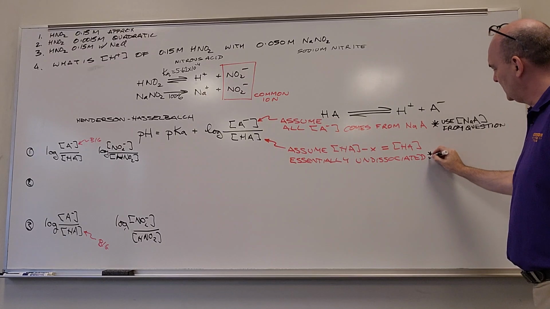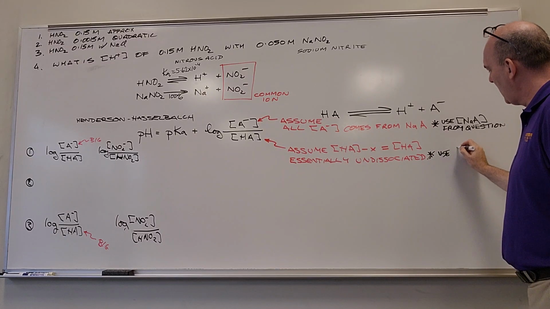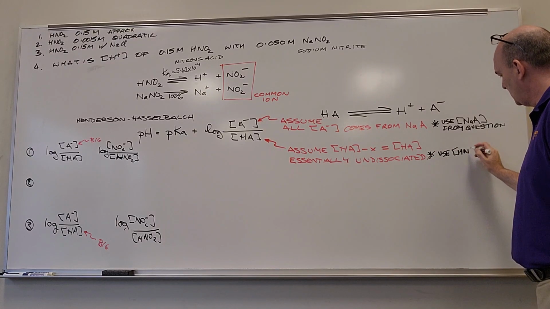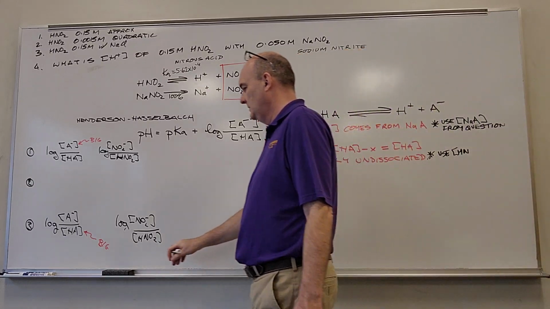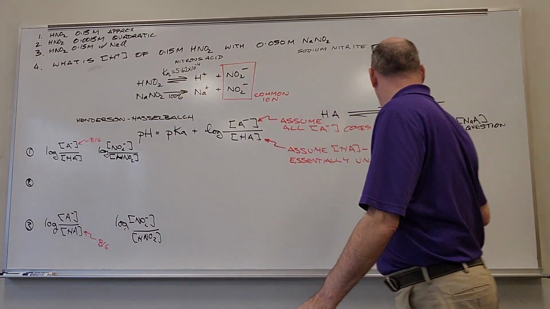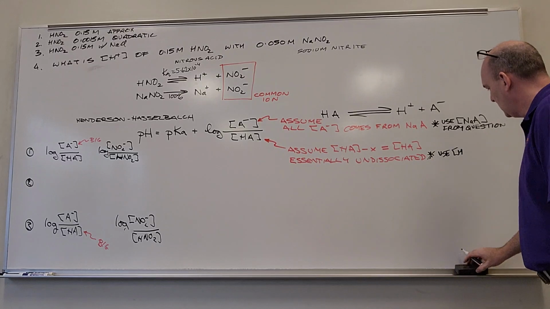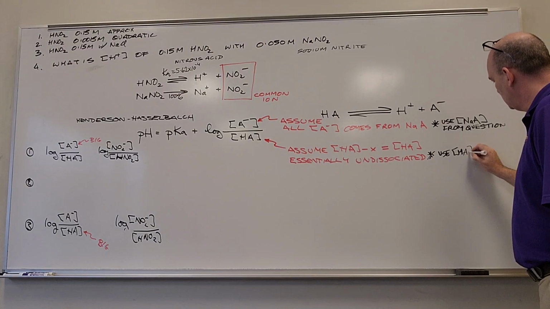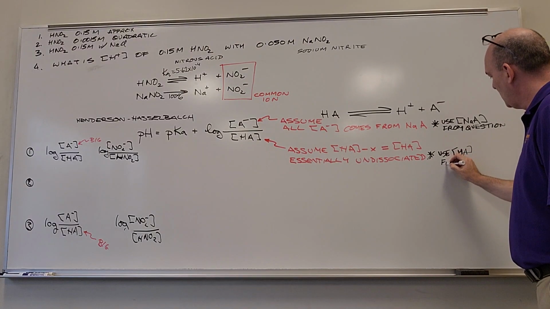And this one tells us to just go ahead and use the, I almost wrote HNO2, I want to still be generic, just use the undissociated acid from the question.